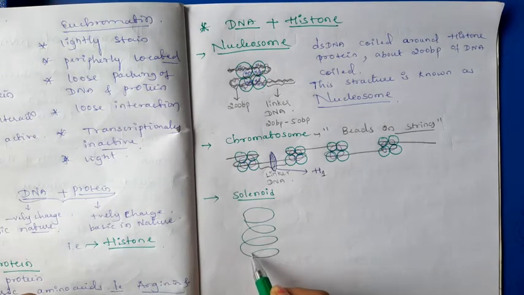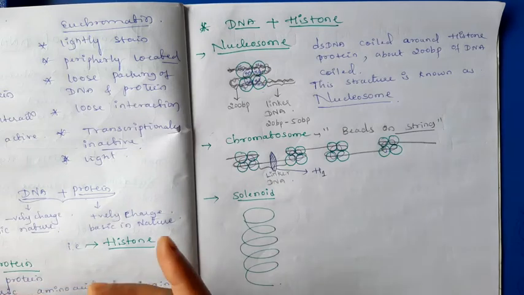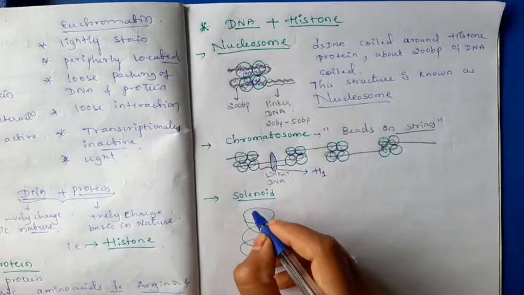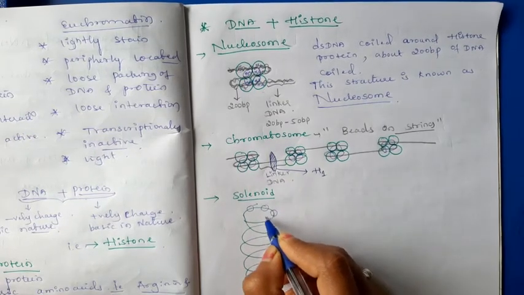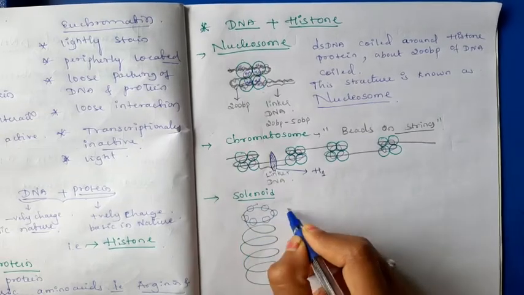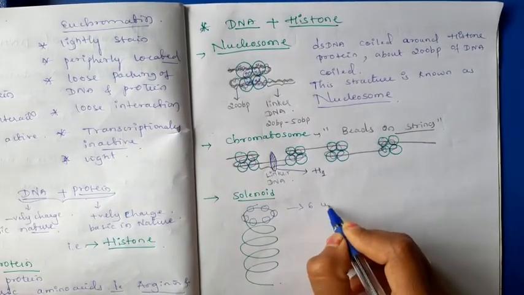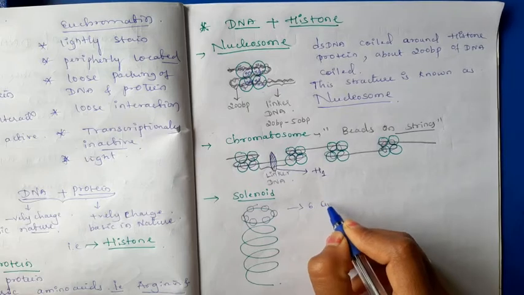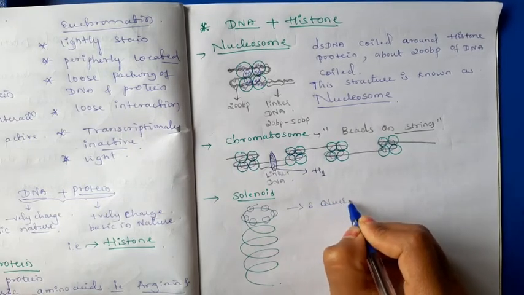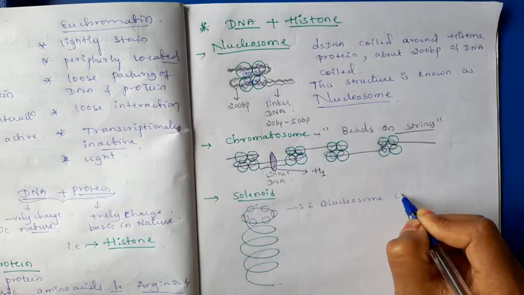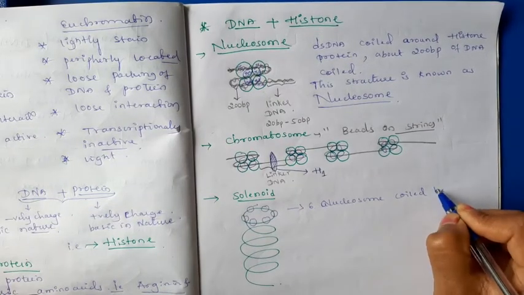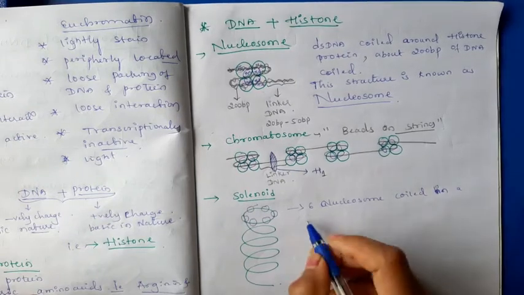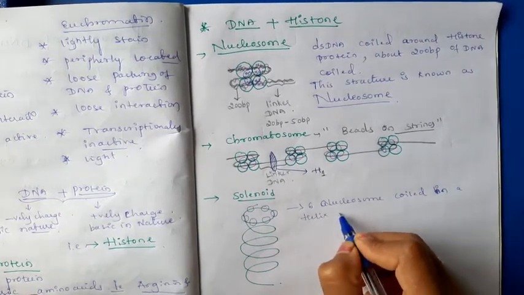It's like this. Here this is one nucleosome, second nucleosome, third, fourth, fifth, sixth. 6 nucleosomes coiled in a helix form.